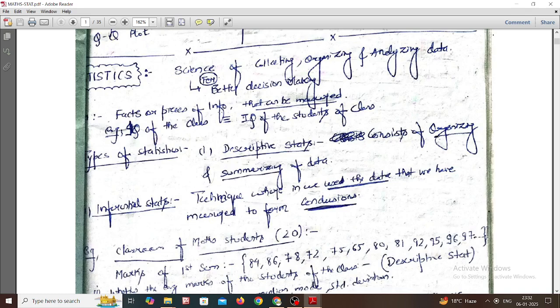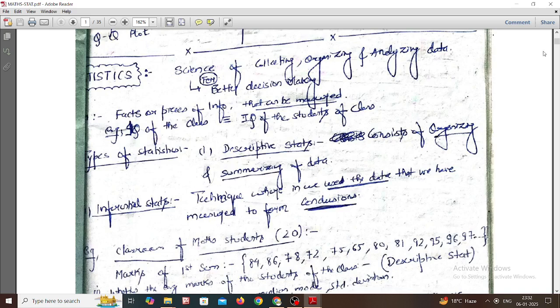So if we have the whole data set for the whole class, we go for descriptive statistics, and if we don't, then we do sampling, and from sampling we try to arrive at conclusions to get an idea of the whole population.